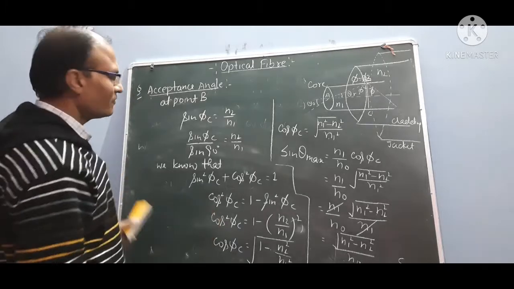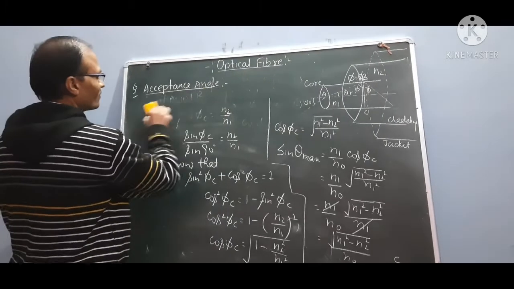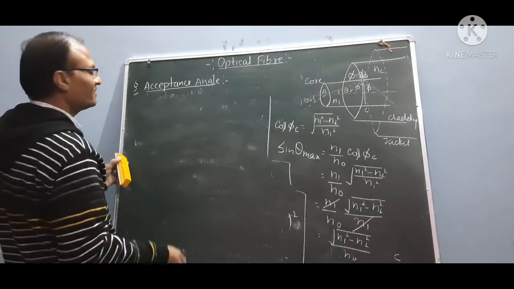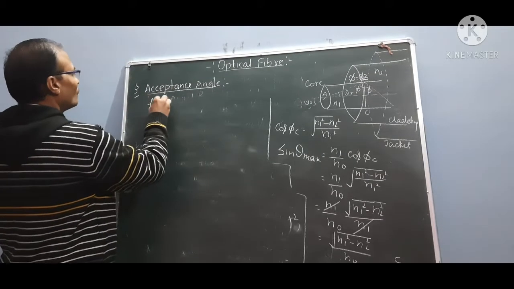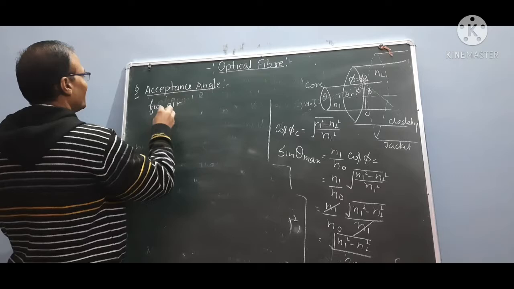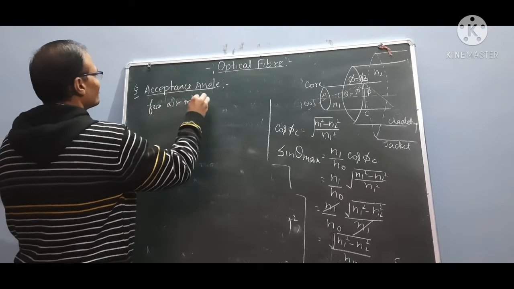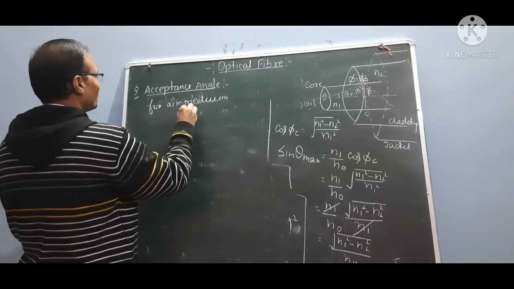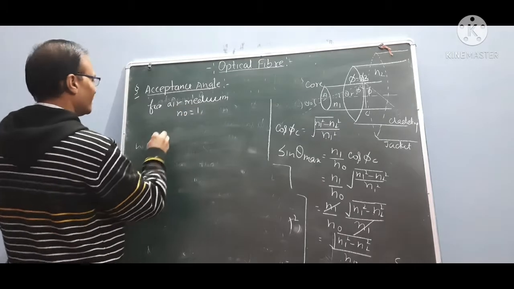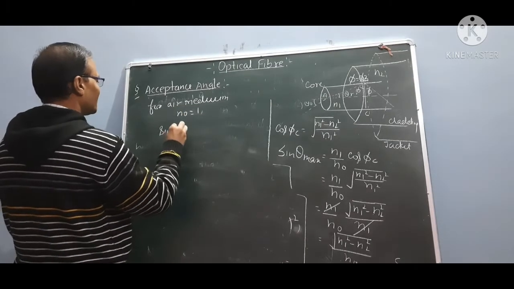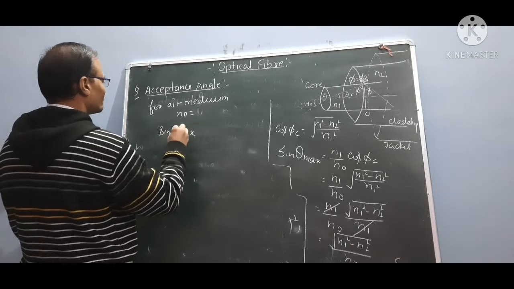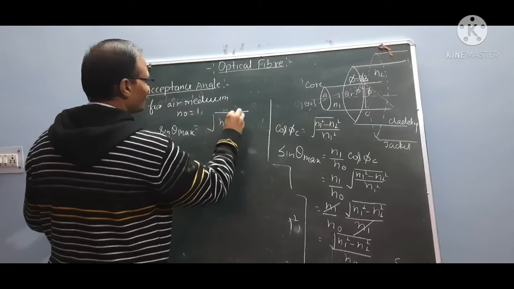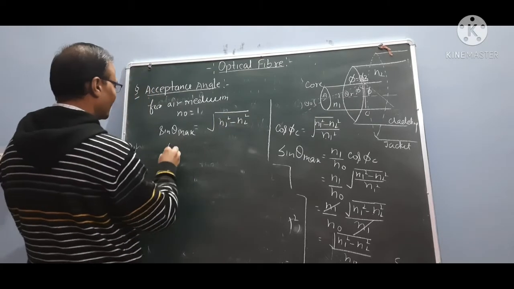For the condition of air, the refractive index of air, for air medium, n0 equal to 1, then sin theta maximum equals under root n1 square minus n2 square.